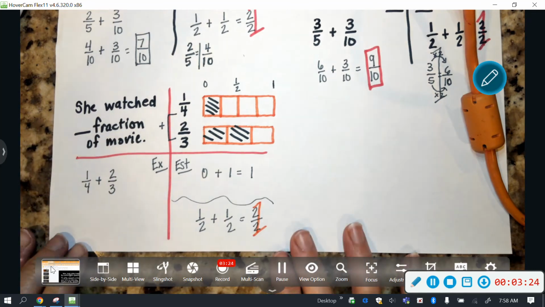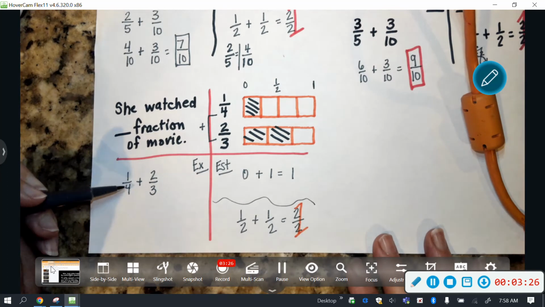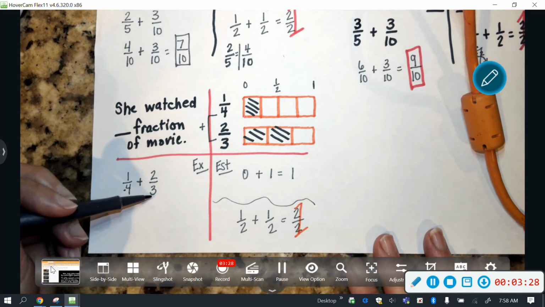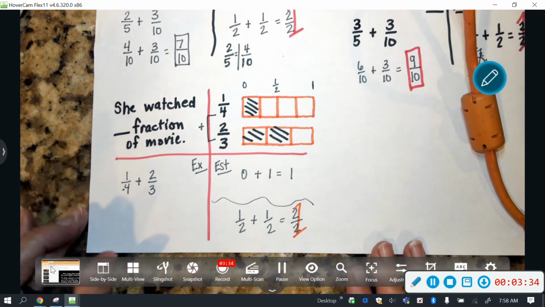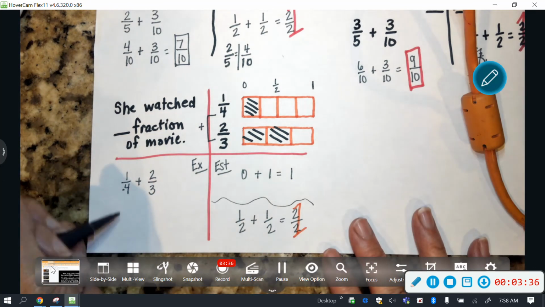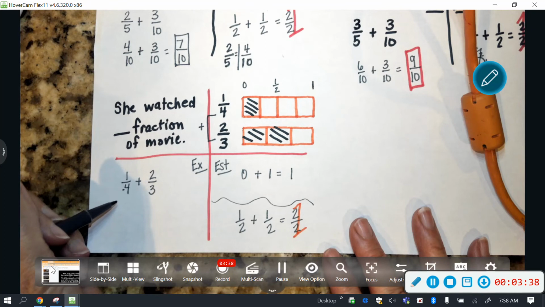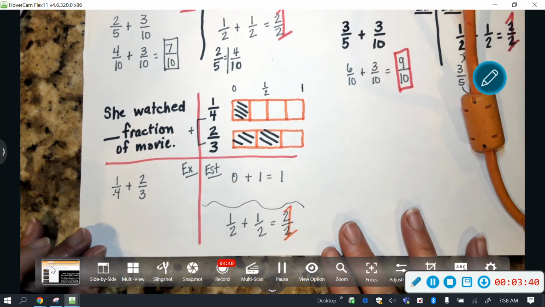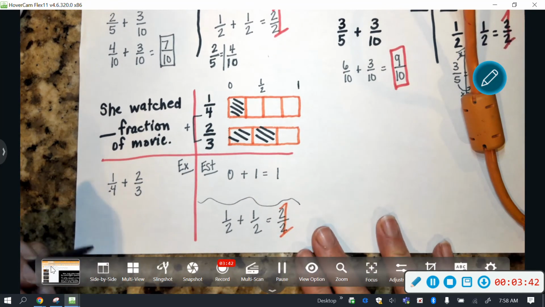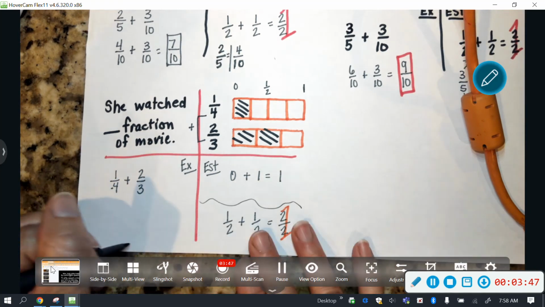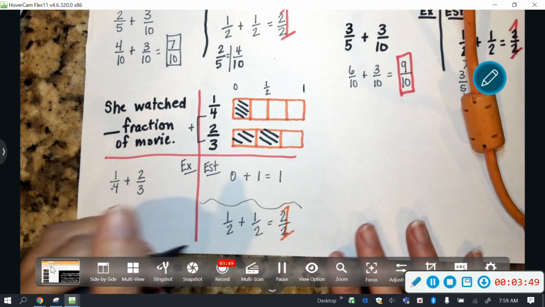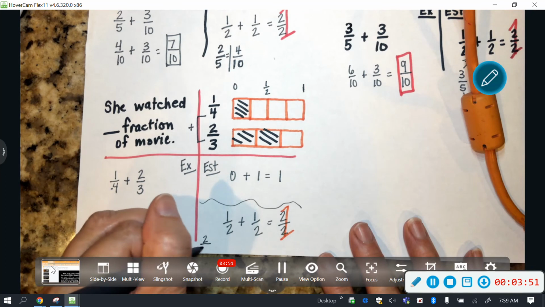So for this fraction amount, I can't count by 4s and get to 3, and I can't count by 3s and get to 4. So what I need to think about doing is finding common denominators for both. So in the space that is provided down here at the bottom, I'm going to make an equivalent fraction table for 1/4. I'm going to make an equivalent fraction table for 2/3.